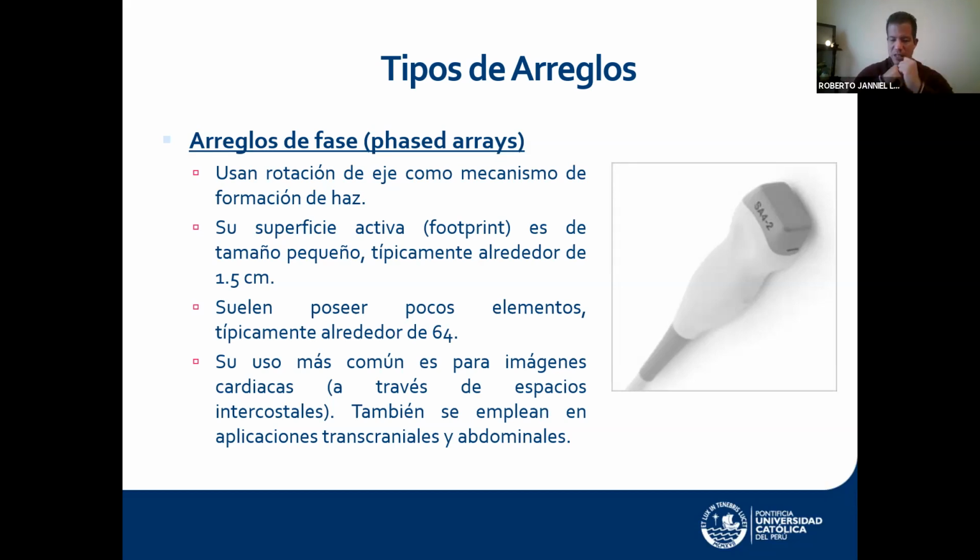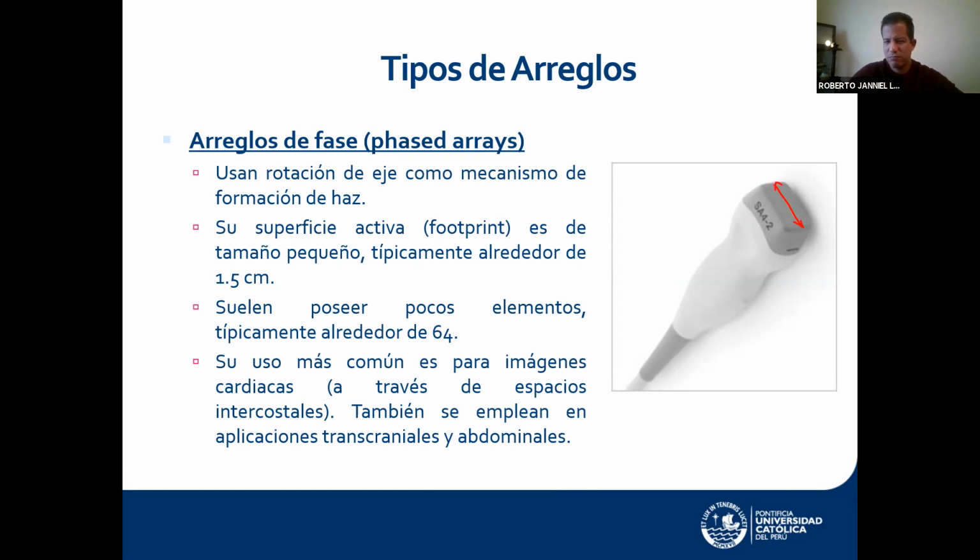Phased arrays are linear arrays, but they're very small. By very small I mean the footprint, which would be the overall length of the array.